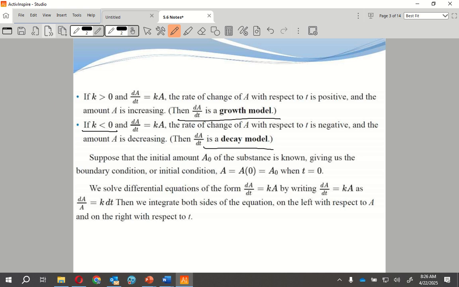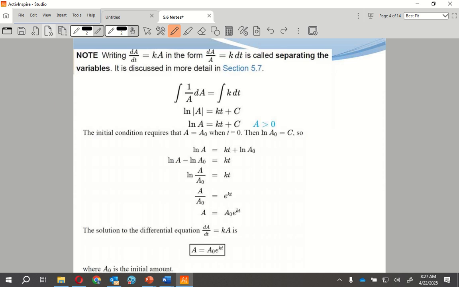Whenever we're actually starting this off, we have to start with initial conditions and boundaries. The initial condition always gives me t equals 0 with time and an A sub naught, which is my initial amount. So here's the math, the separation of variables.